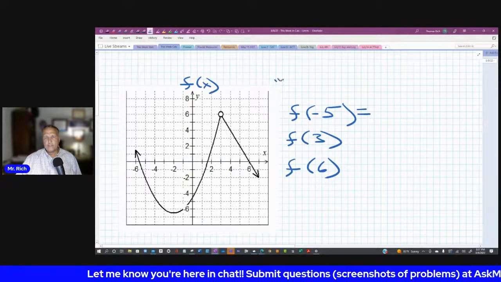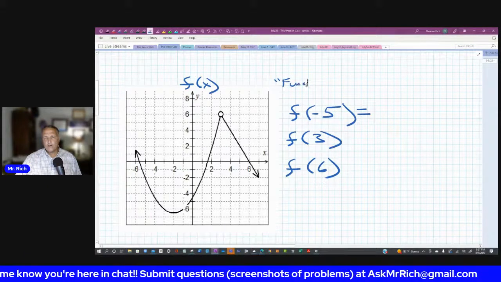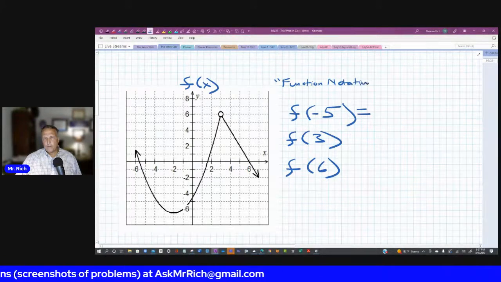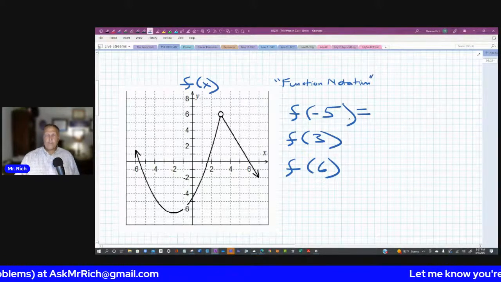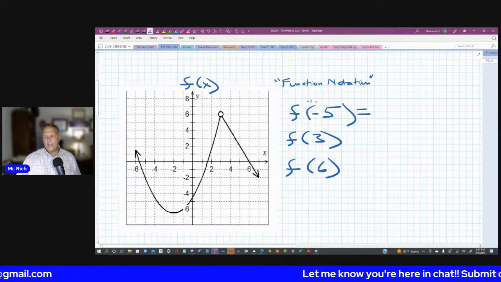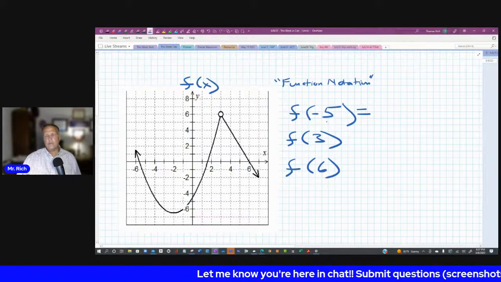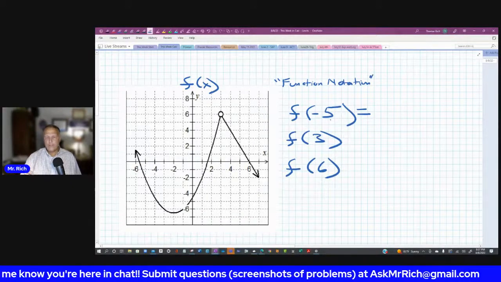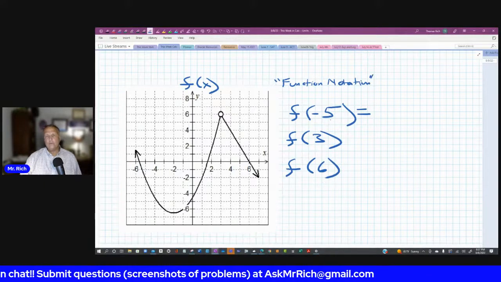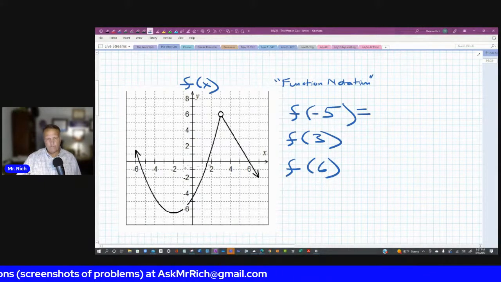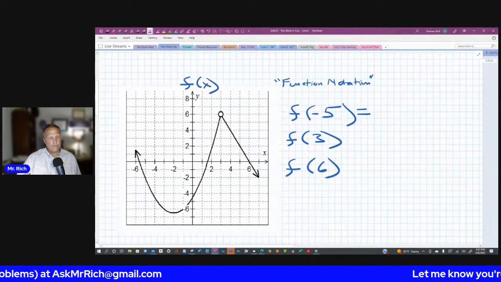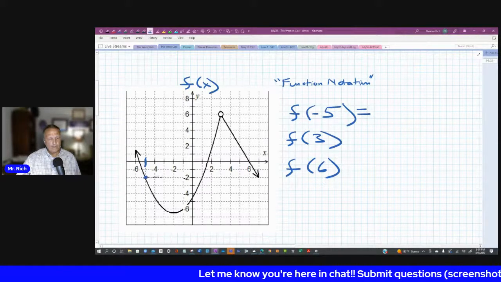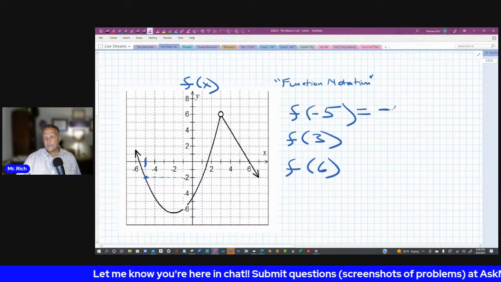This is what we call function notation, and it's something you're familiar with, because it's asking something very specific. It's saying that when x is exactly -5, what is y exactly equal to? So you go over to -5, which would be right here, and see what the y value is, and you can see that it's -2.